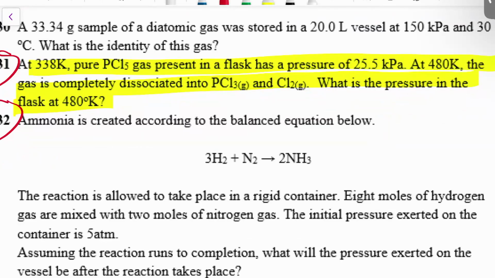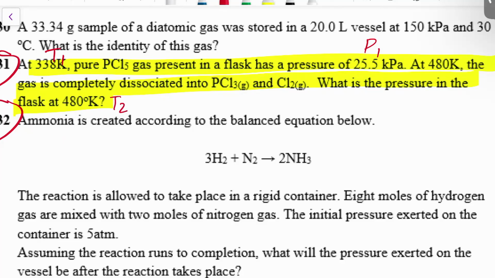Kelvin is temperature. So for pressure, I'm looking for pascals, kilopascals, atm. Yep, so this is P1. What is T1? What is the first temperature? Okay, cool. So that's T1. And what's T2? Yes, 338 kelvins. Okay, this is T2. All right, good.